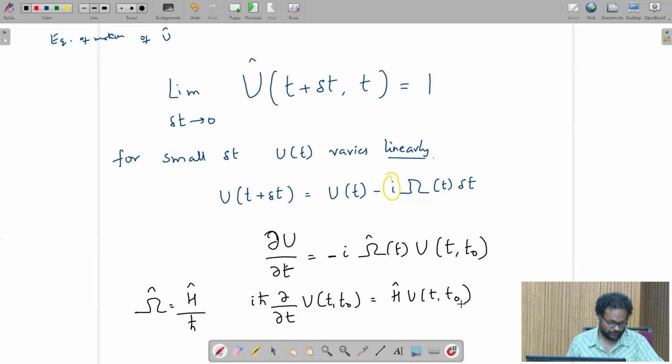So I have an equation of motion. Right? I have an equation of motion there. Cool. So I should be able to solve this and get a form for my time evolution operator in the case I have a time dependent Hamiltonian.